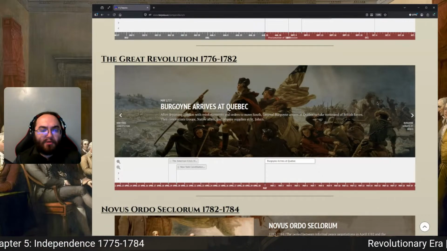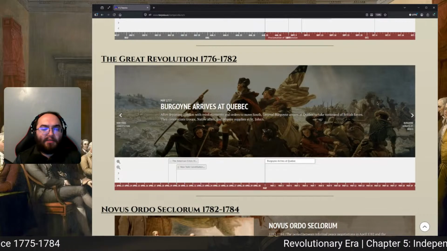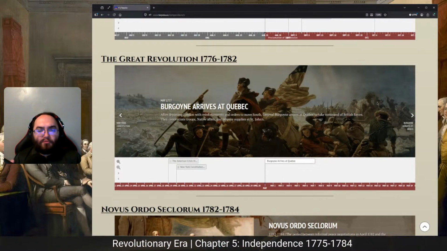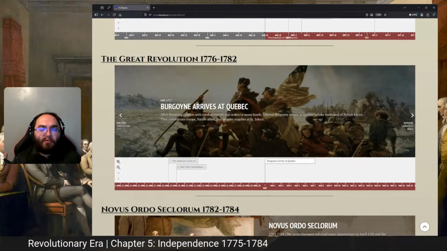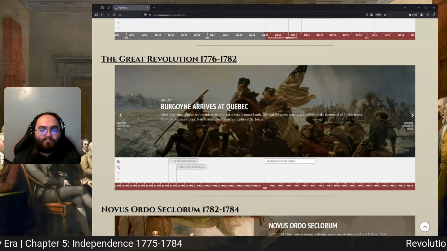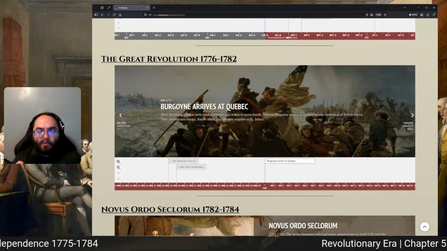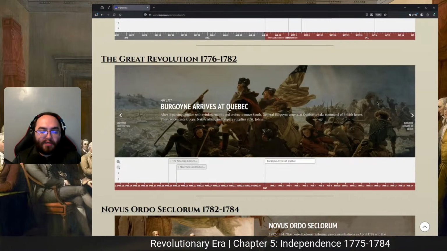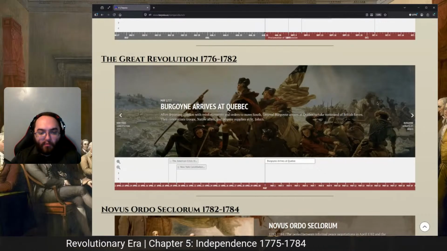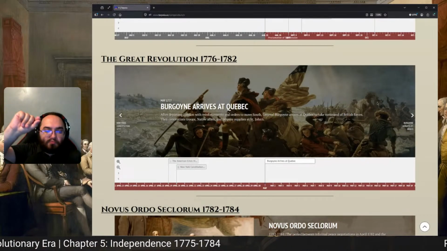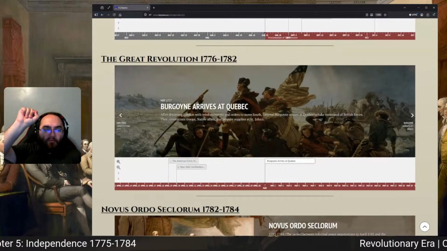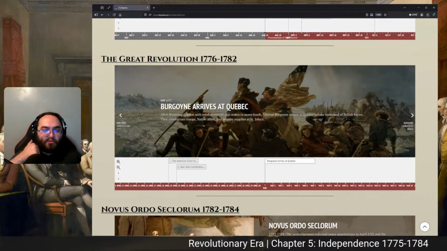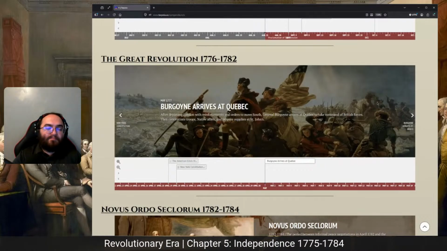He is a subordinate to General Howe, and he arrived with General Howe and also General Clinton, and he will become important later in New York. And then General Howe will send Burgoyne all the way around to Canada, to Quebec, for Burgoyne to raise a force, and then march south back to New York.